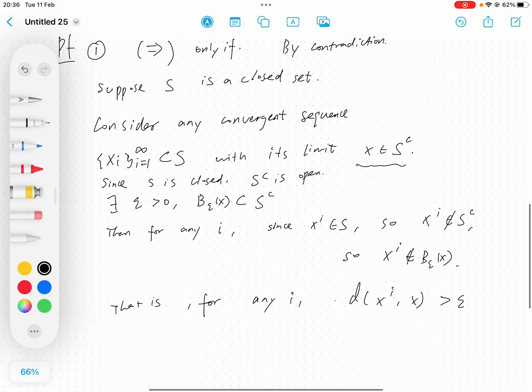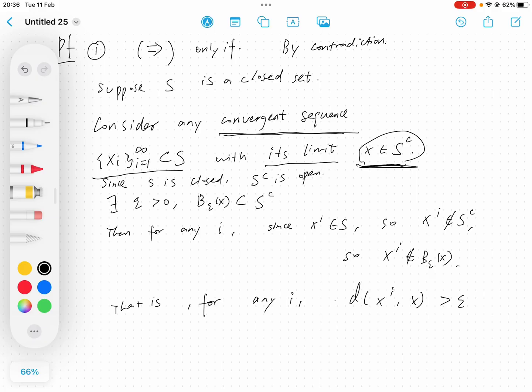Because we said that this is a convergent sequence with the limit of this x. So by definition, that we defined previously, this x is the limit of this convergent sequence. But now you're telling me that this limit x is always very far from any of those points, right? So it means that this is not any limit, right?